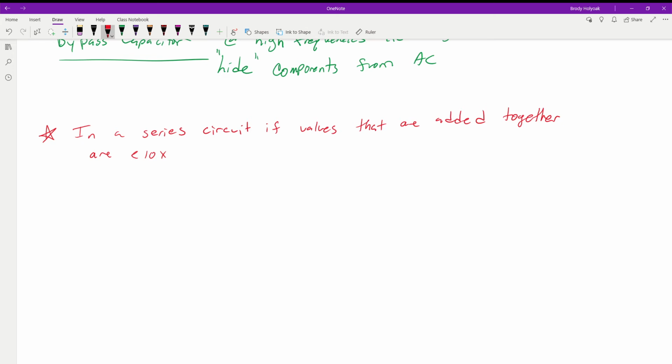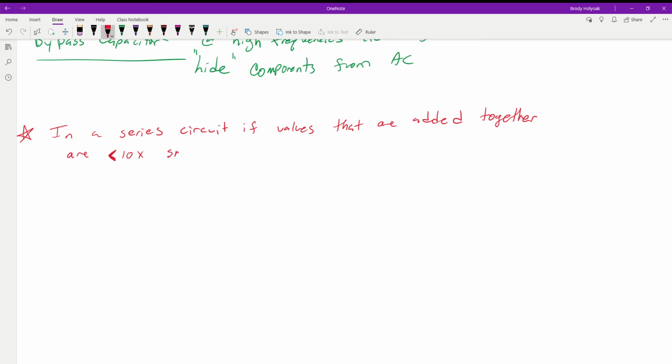Basically, if it's less than the original amount divided by 10, it's essentially a short.